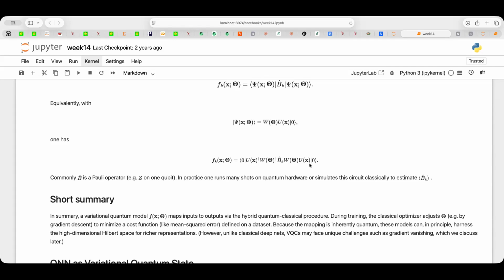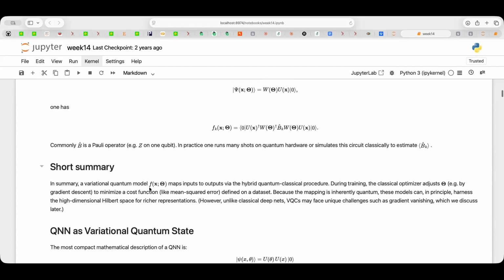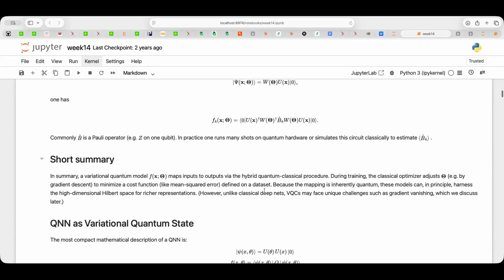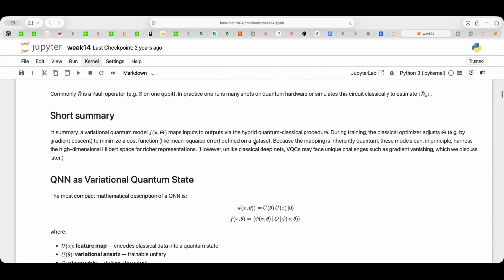Okay? So it's a short summary. A variational quantum model maps inputs to outputs via a hybrid quantum-classical procedure. During training, the classical optimizer adjusts these variables theta by gradient descent to minimize a cost function like the mean squared error, which is defined on a data set.